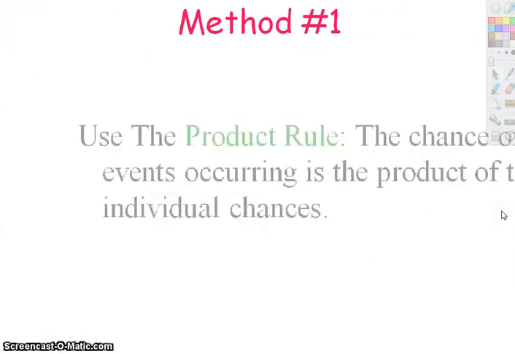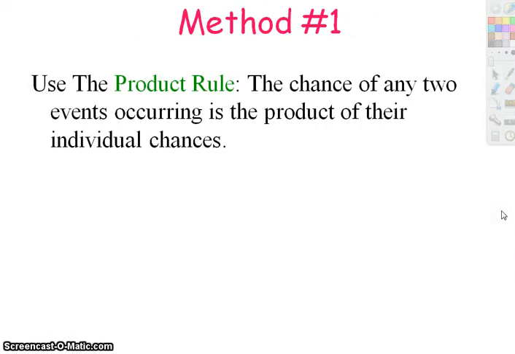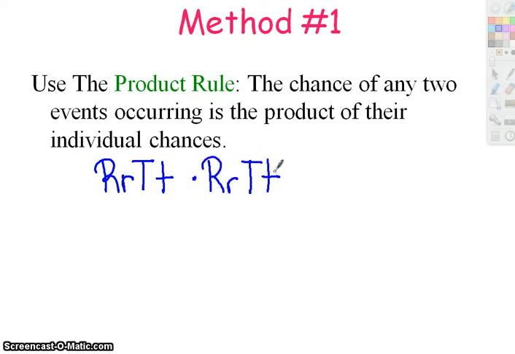So the product rule, remember, said that the chance of any two events both happening was the product of their individual chances. So they told you that the original plants were heterozygous for red and heterozygous for tall. And this is how you write that. You're showing the red, and then next to it you're showing the tall. And the other parent was also heterozygous for red and heterozygous for tall.